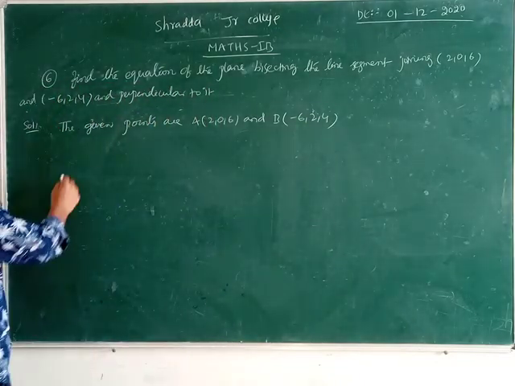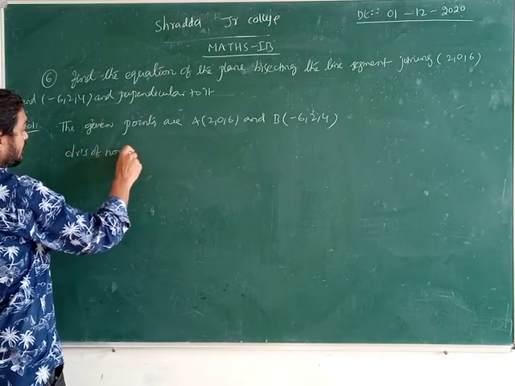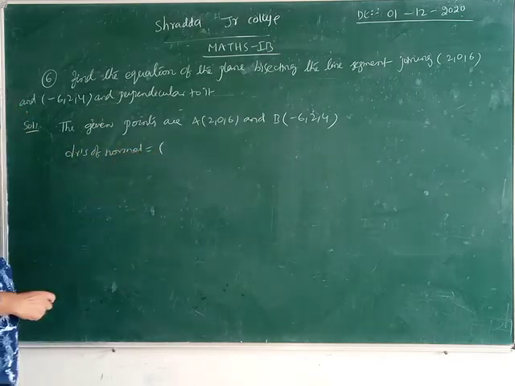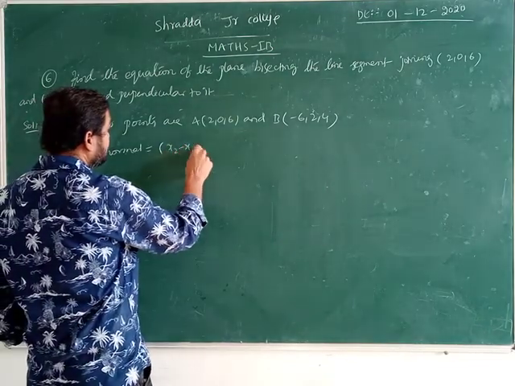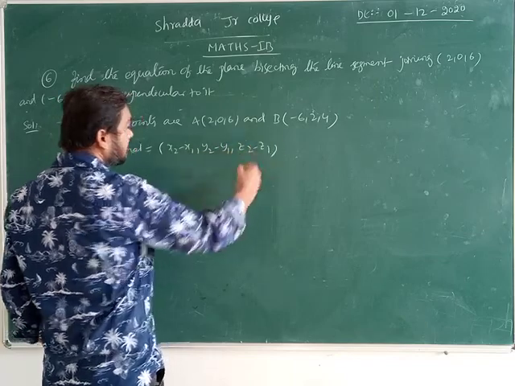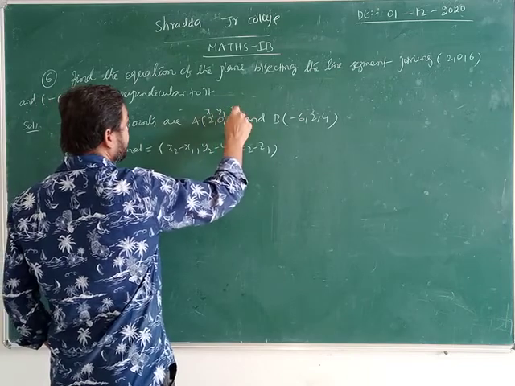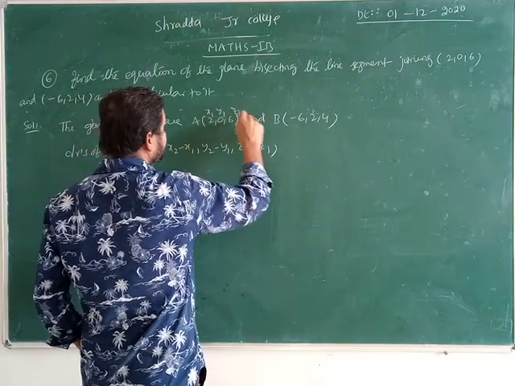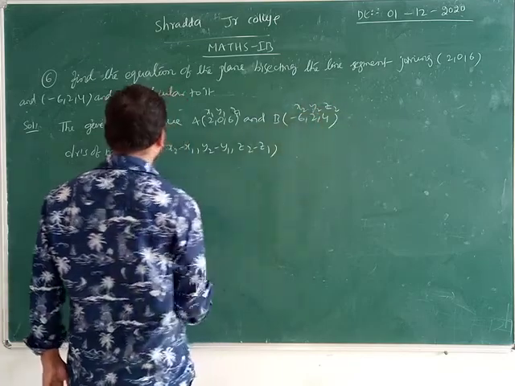Now see here, what are the direction ratios of the normal? How can we find the direction ratios here? x2 minus x1, y2 minus y1, z2 minus z1. Now take this as x1, y1, z1 and this as x2, y2, z2.